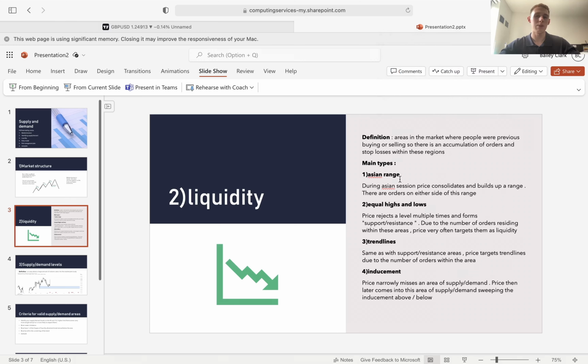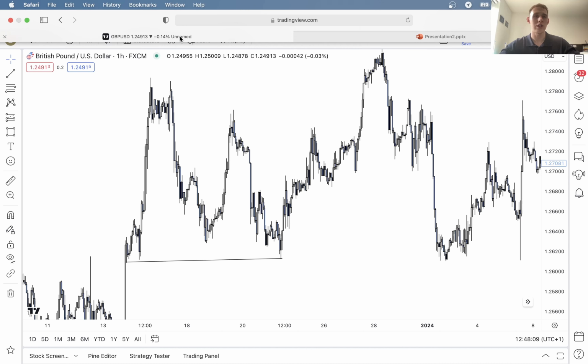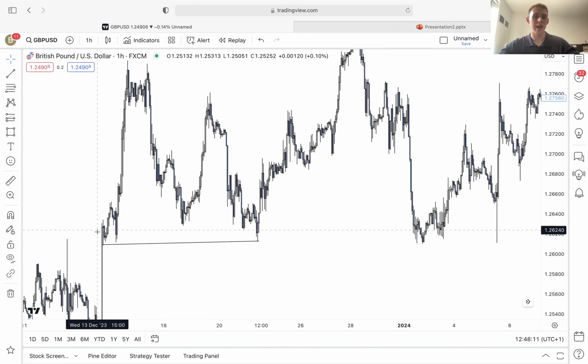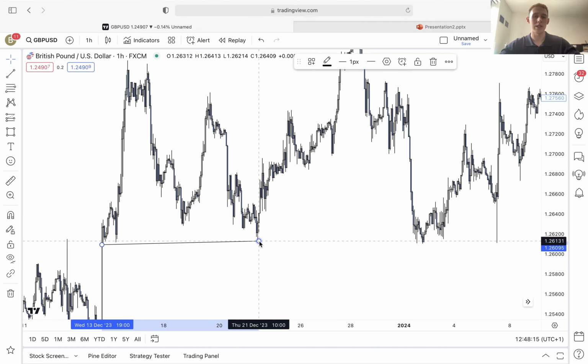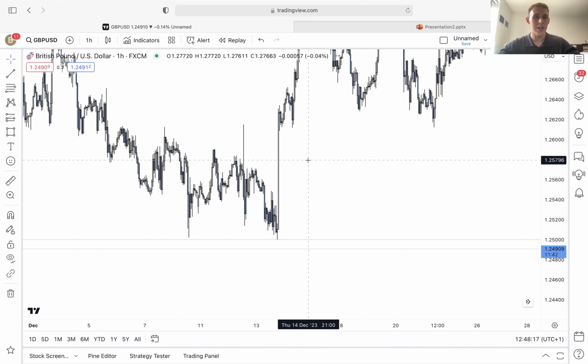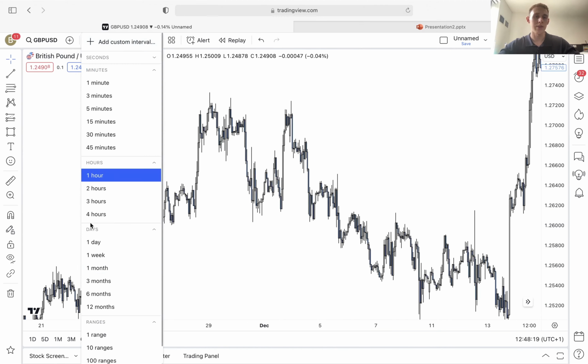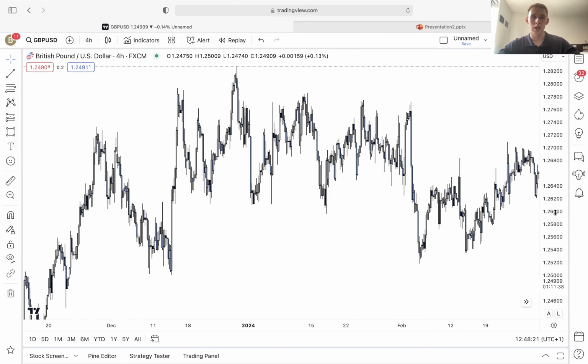So very simply, equal highs and lows is literally what it says in the name. We have an area where there are multiple different lows where people were previously buying. And as for equal highs, if we try and find an example of that.